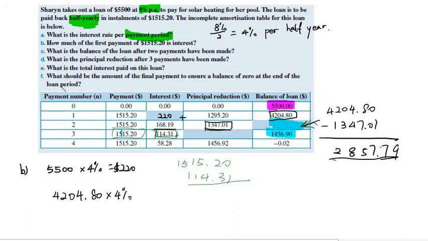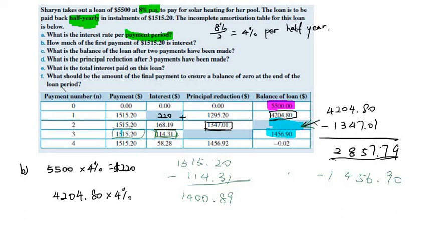So it could eliminate the rounding error as well. So the answer over here equals 1,489 cents.